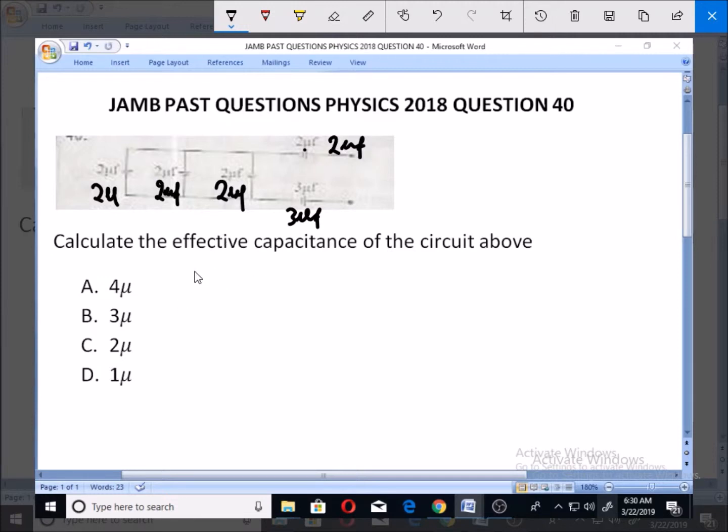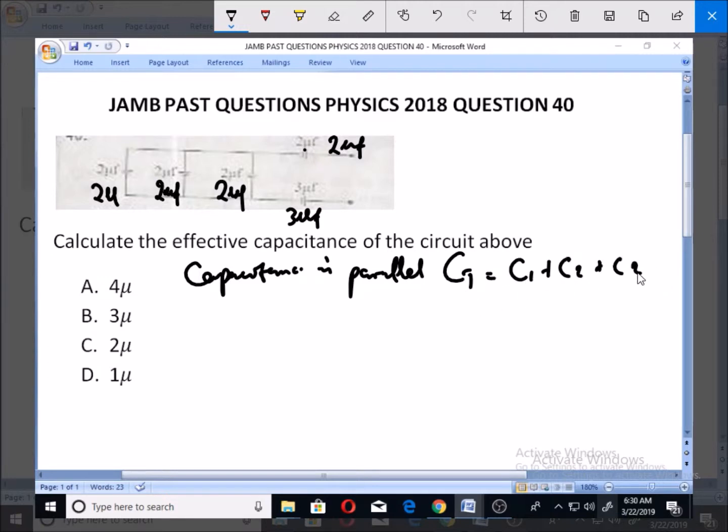Now, capacitance in parallel, the total capacitance in parallel is calculated by saying C total is equal to C1 plus C2 plus C3. That is for parallel.